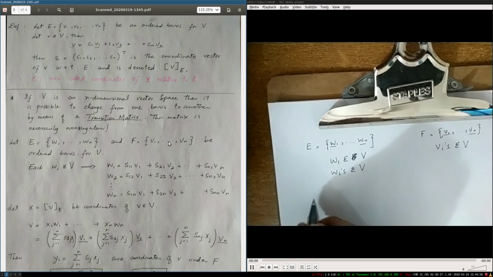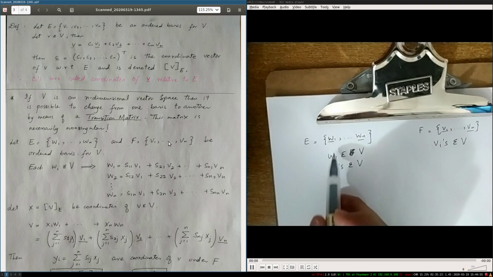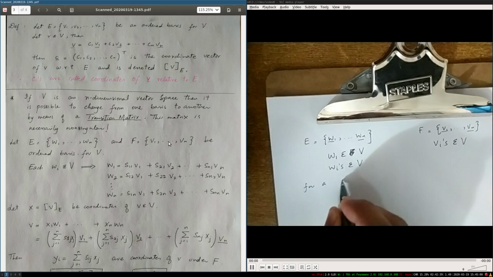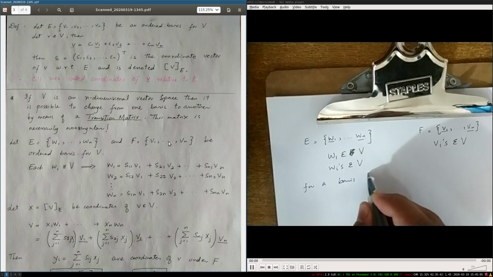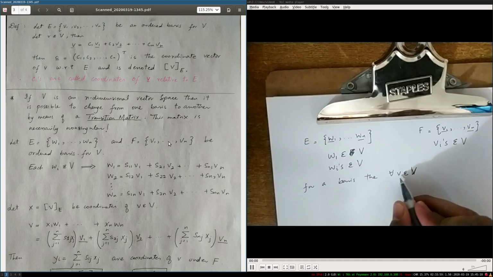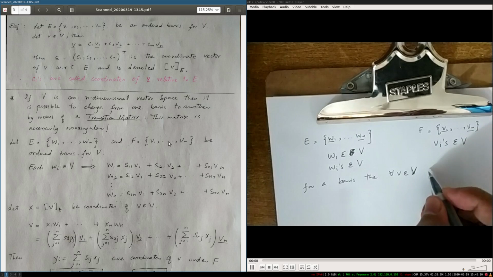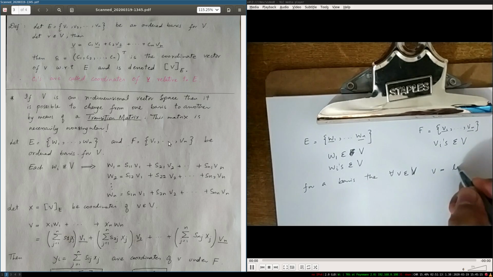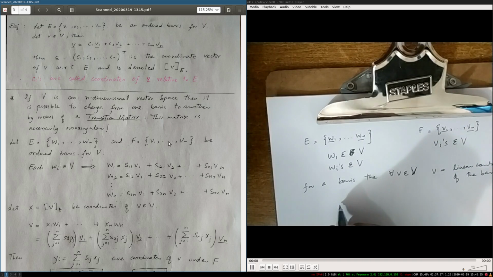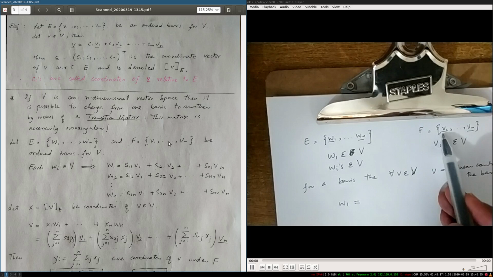And recall that if I say that something is a basis, then for all v's in my vector space, this v is different from these Vi's, don't confuse it with this, I can always write v as a linear combination of the basis vectors, which means I can write W1 as a linear combination of V1 to Vn.